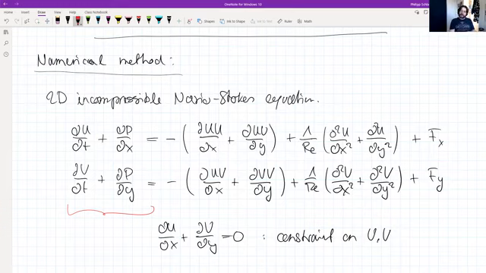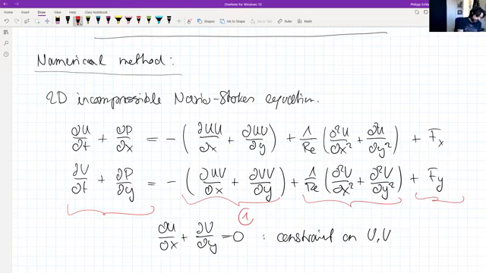So therefore, I put the pressure on the left side as it will be calculated as part of the time integration. Everything else I have now put on the right side. In particular, we have the nonlinear term, we have the viscous term, and we have the forcing term. And I guess that's also how we solve the problem.